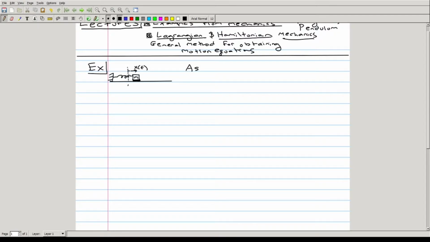And first here we're going to make a couple of assumptions to help us along. We'll assume that the mass m is constant.